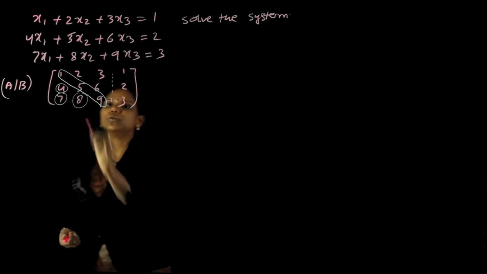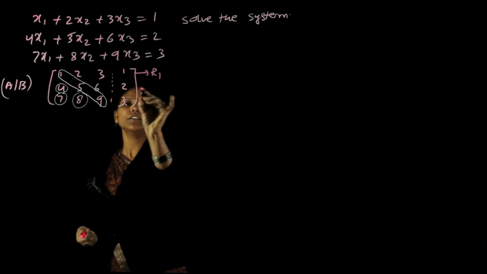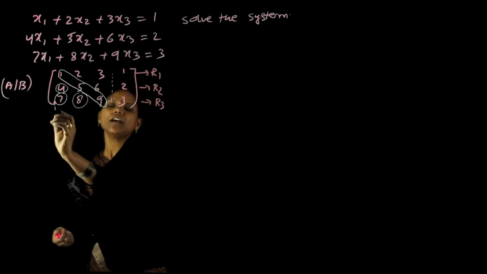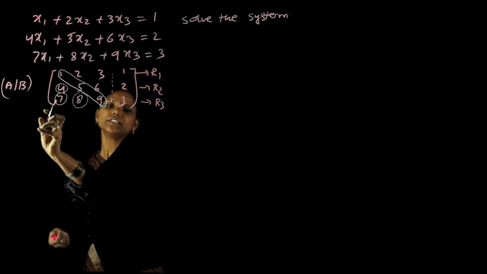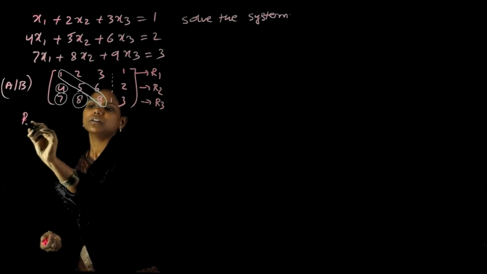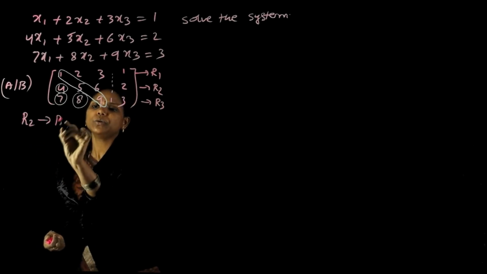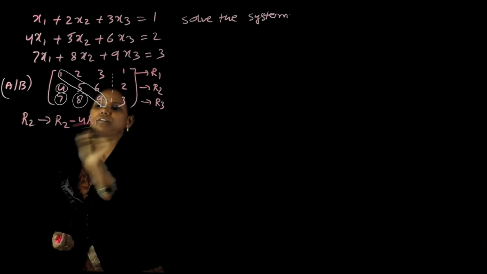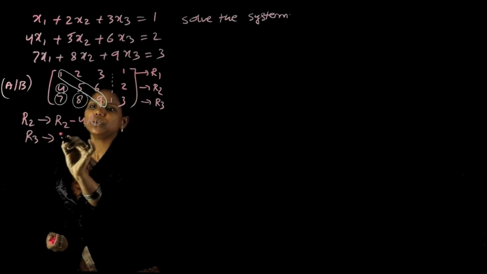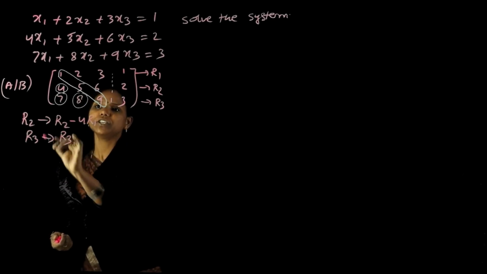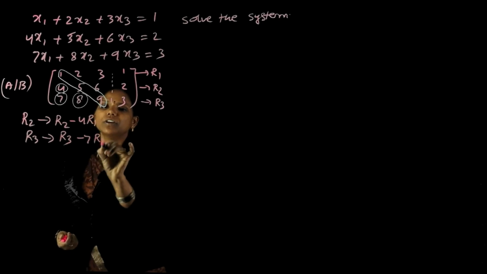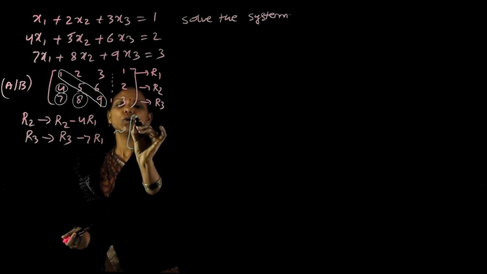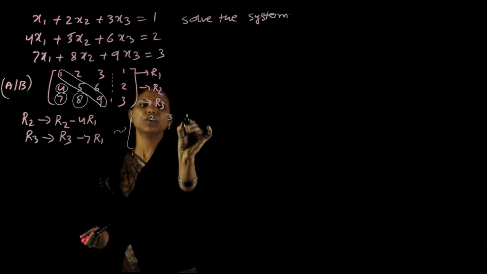In the first step, this is R1, this is R2, this is R3. By using R1, I can make the R2 element and the R3 element zeros. The R2 element becomes 0 when we apply R2 minus 4R1. The R3 element becomes 0 when we apply R3 minus 7R1. Now the change in the matrix will be: no change in the first row, 1, 2, 3, 1.